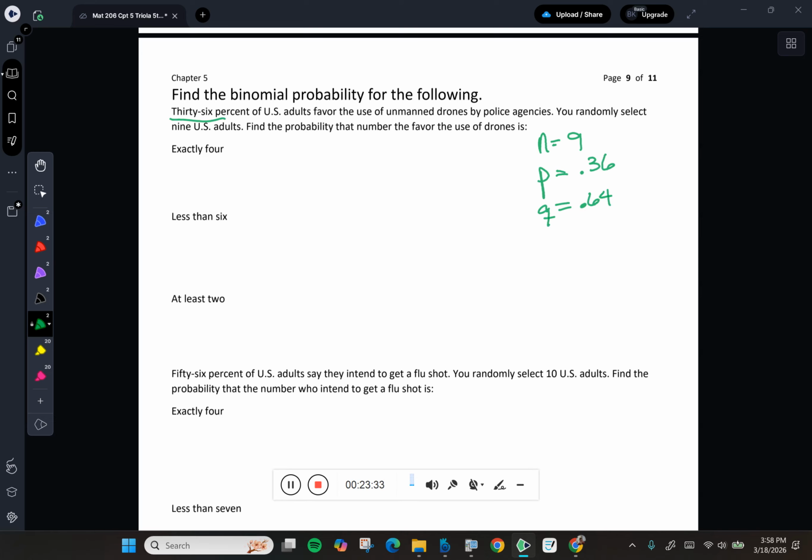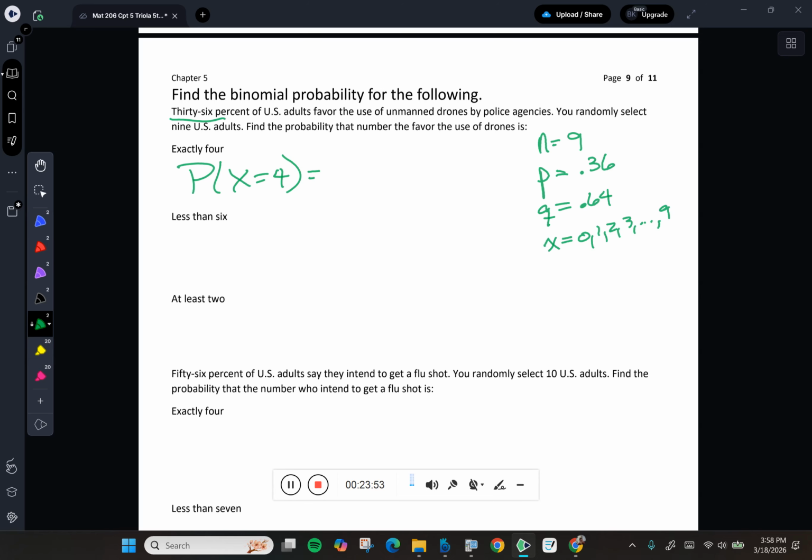Not that it matters because I don't need it for the calculator. And then X could be 0 or 1 or 2 or 3 all the way up to 9. Right? The first one wants us to find the probability that X is exactly 4.